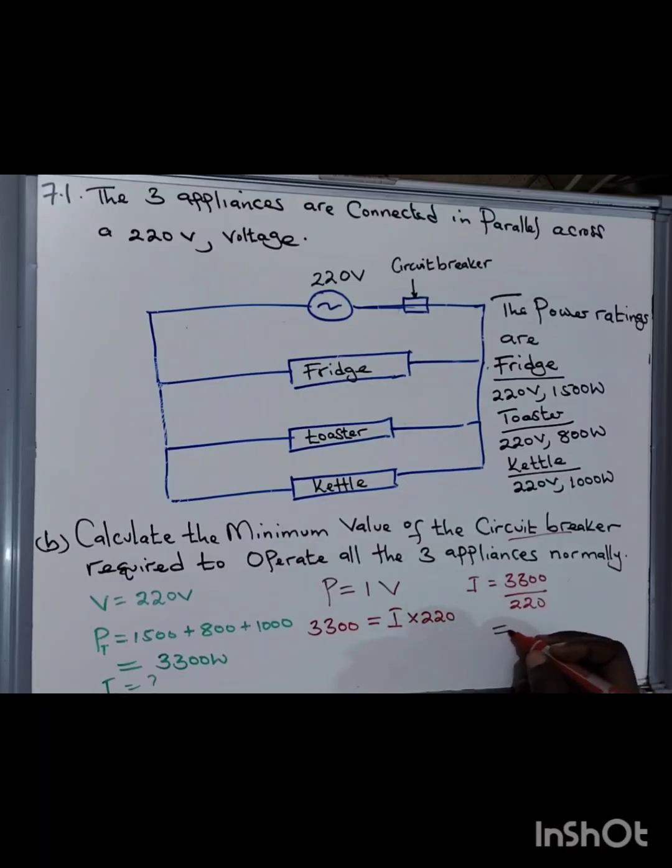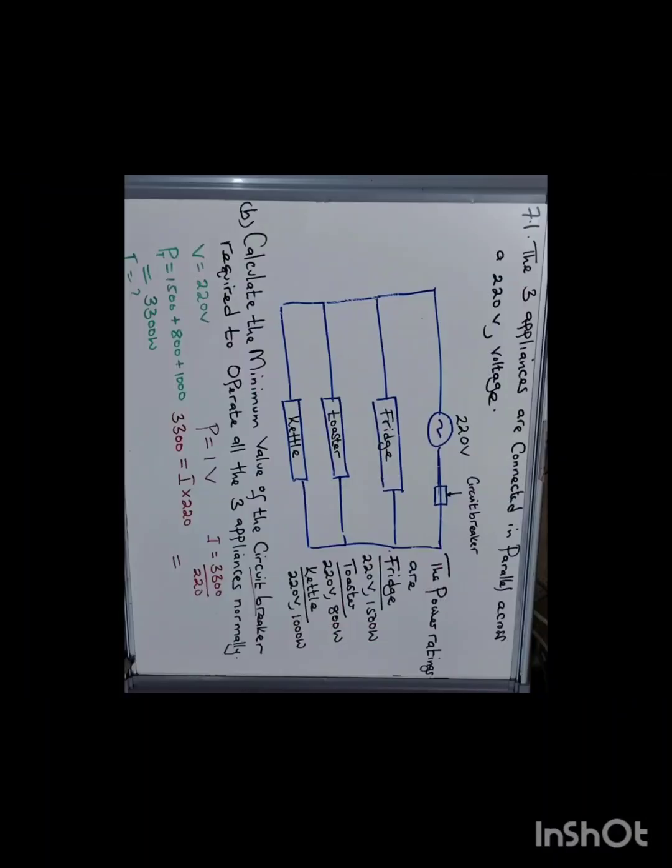And what you get here is going to be the amperage of that circuit breaker, the minimum amperage. That is it. The minimum should be 15 ampere.